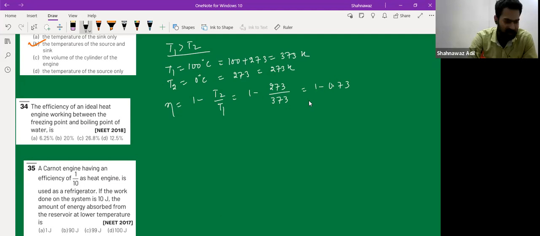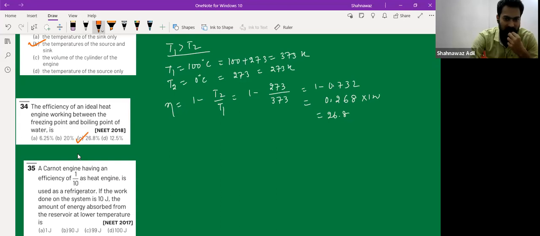So this would be 0.268. This is not in percentage, but the answer is in percentage. So we will multiply this by 100, right? So 26.8. Yes. So Marita and Arpit got it right.